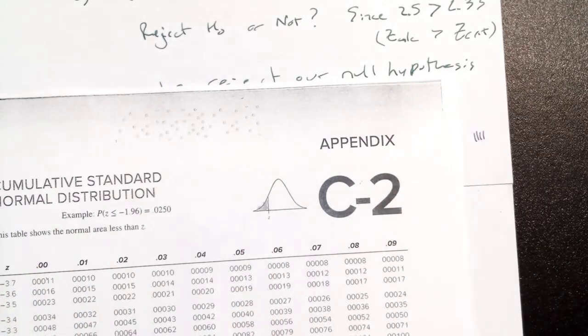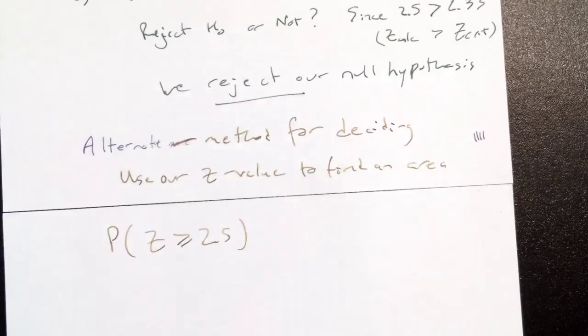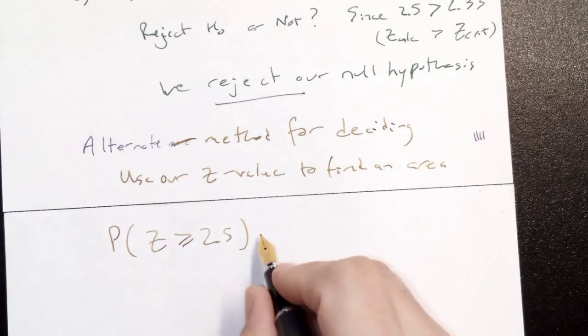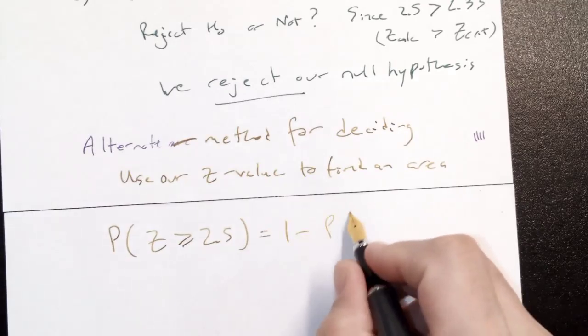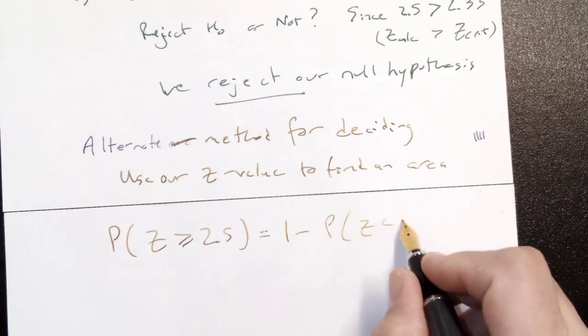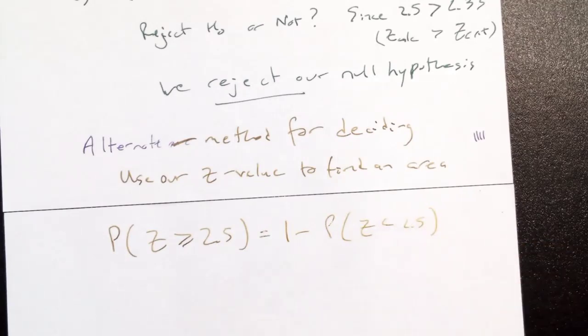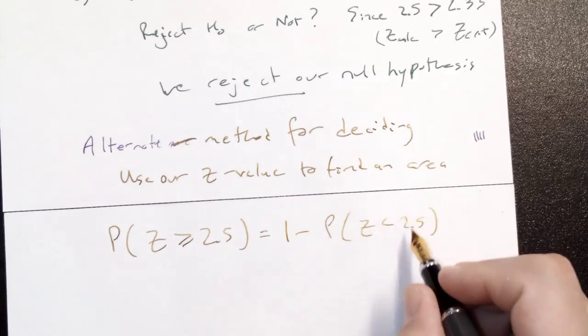And I want the right tail. So the right tail comes from 1 minus this. That would be 1 minus the probability that Z is less than 2.5. And that I can use my CDF for.